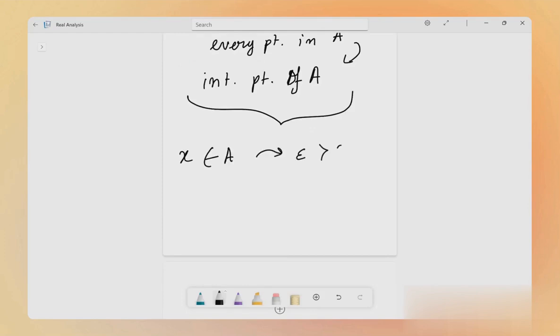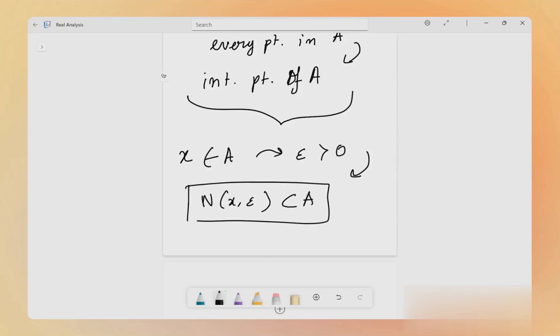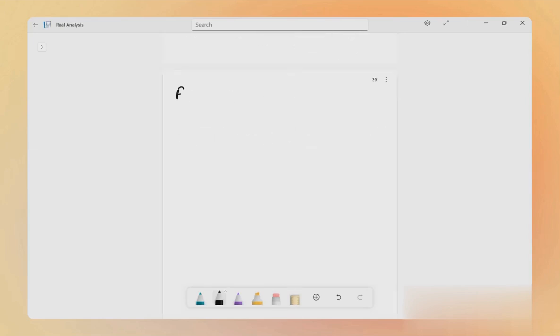It means for every x which belongs to A, there exists epsilon greater than 0 such that N(x, epsilon) is a subset of A. Very important. In short, an open set looks like a bubble of points where each point has breathing space around it.